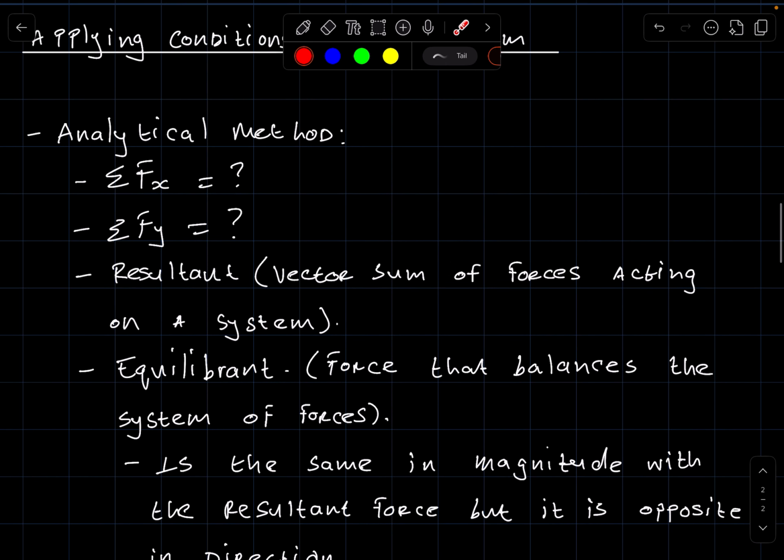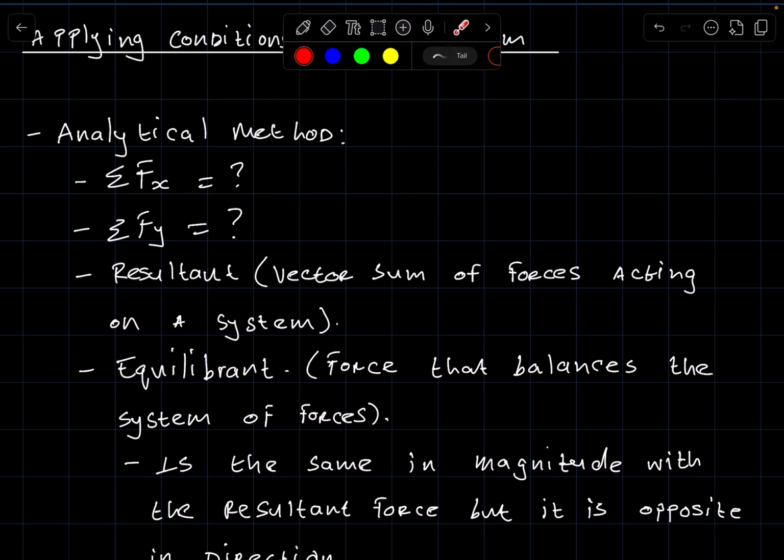Right, now in calculating the magnitude of the two components, we have to consider direction as well, because remember, forces are vectors, and with vectors we consider direction.